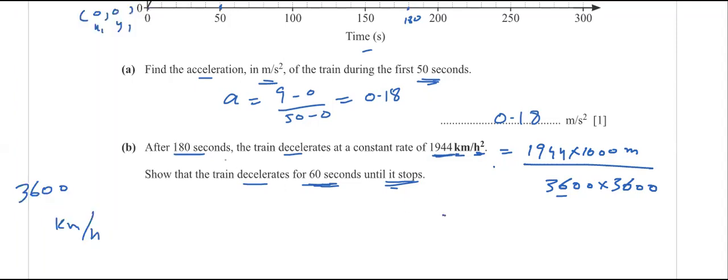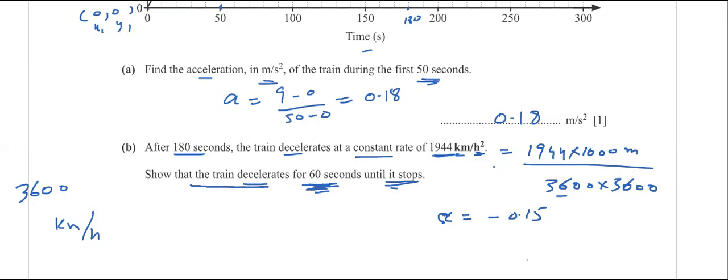So after 180 seconds, at a constant rate of, it is negative 0.15. That shows that it is decreasing. Now you have to show that the train decelerates for 60 seconds. The time duration for which it decelerated, that we have to find in that case.